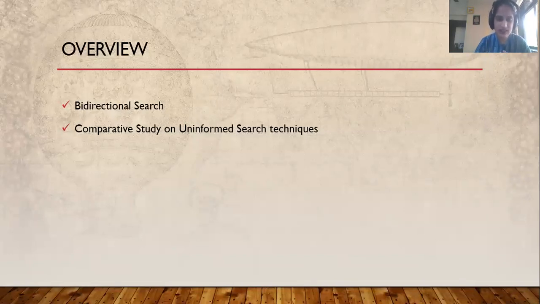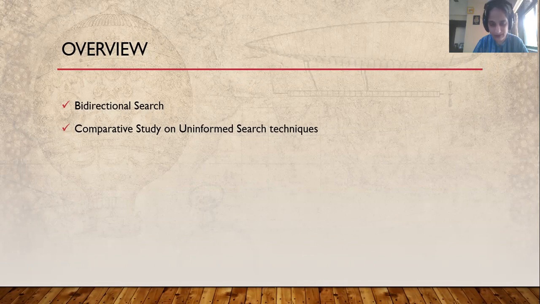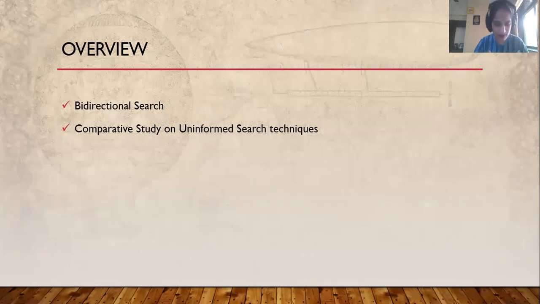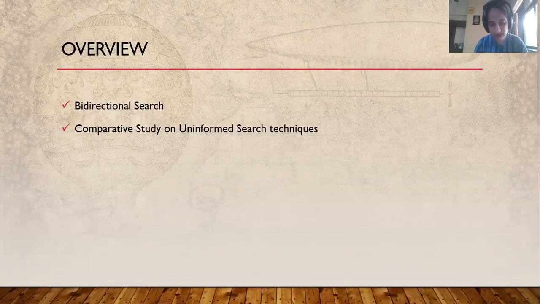That will be a small part of the comparative study. By today we would be understanding 4 different kinds of uninformed search techniques, and after that one more will be left. Maybe after we cover that, we can again have a discussion on all 5 of them and understand how they work.